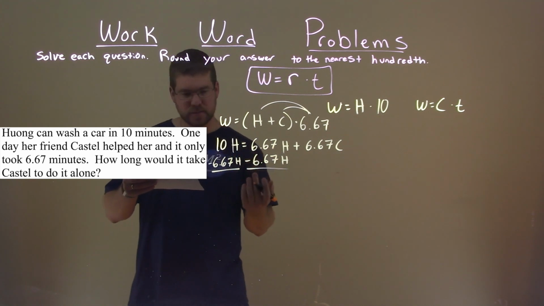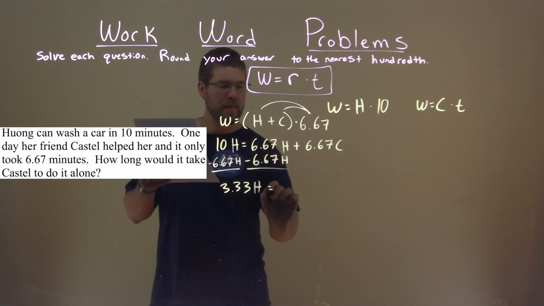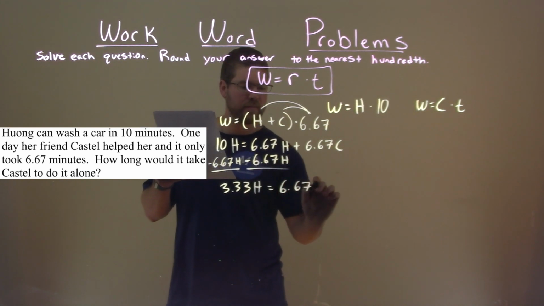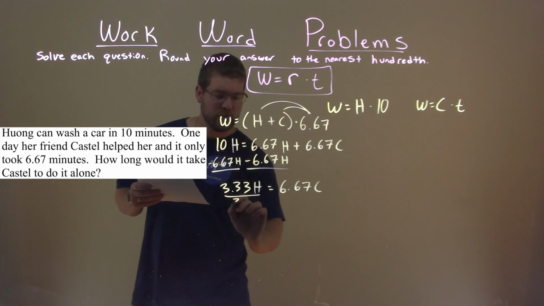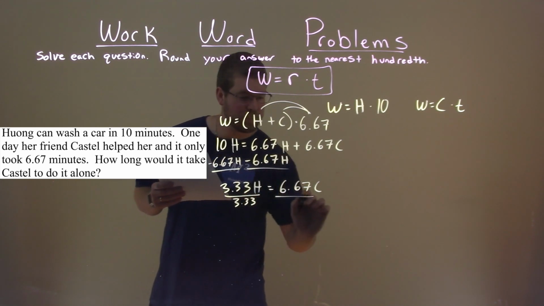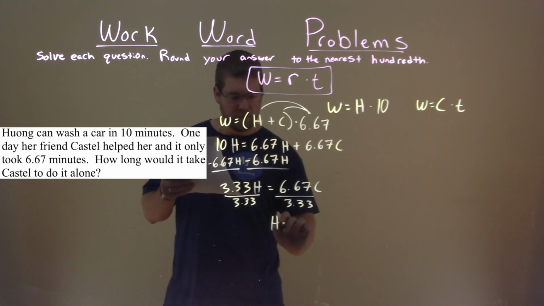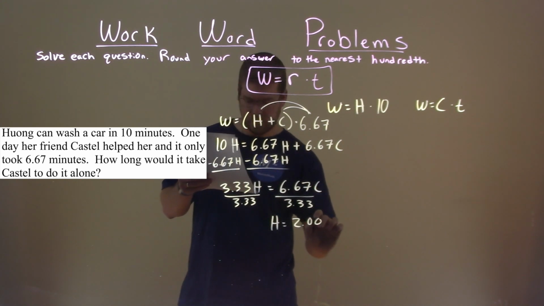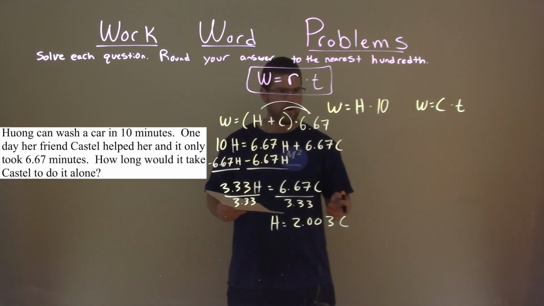And 10 minus 6.67 is 3.33 H, and that's equal to 6.67 C. If I want to get H by itself, divide both sides by 3.33, and H is equal to 2.003 C.